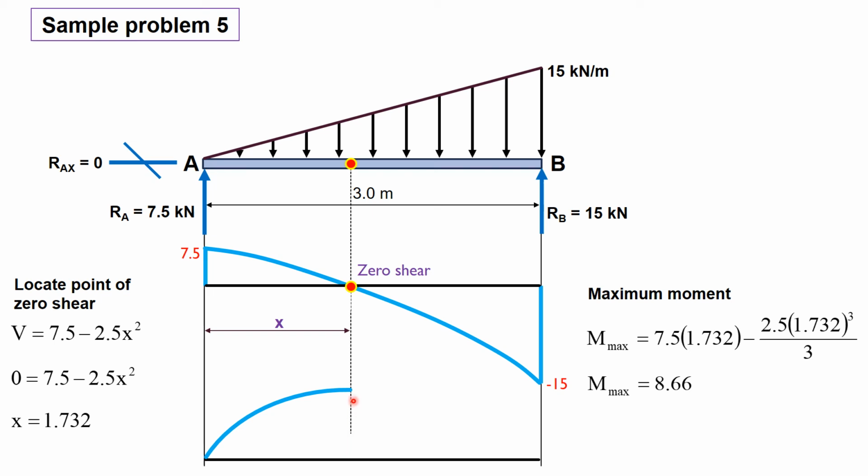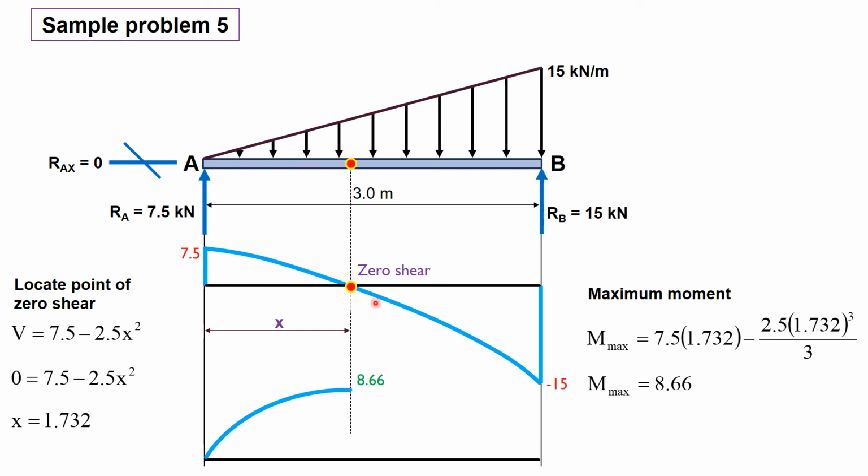This ordinate is the 8.66 that you solved. You can also, before you connect this, like we did earlier, place the ordinate there first. And then, from 8.66 to 0, is it concave upward or downward up to here?